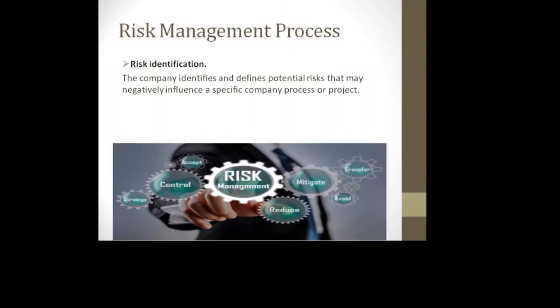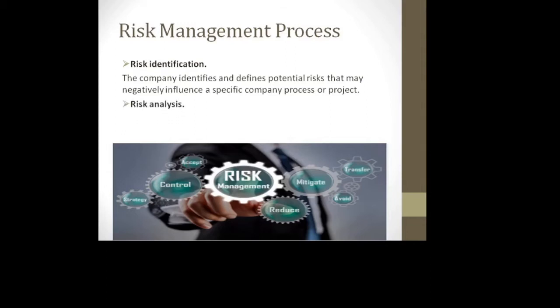So the first step of the process is simply identification. If we don't know what the potential risks are, it's not possible for us to take any steps to mitigate that risk. So the first step is we should identify it.